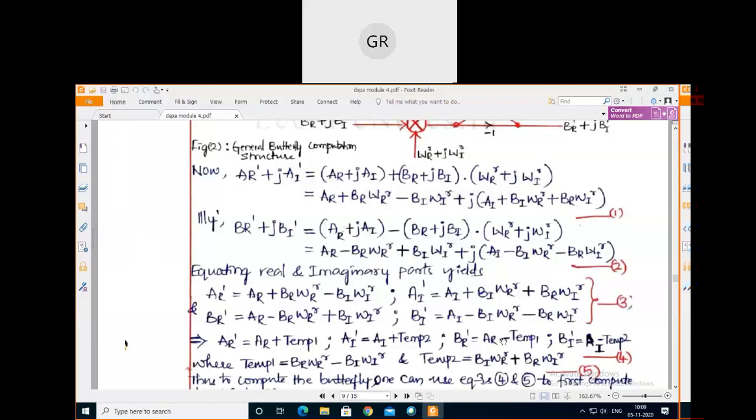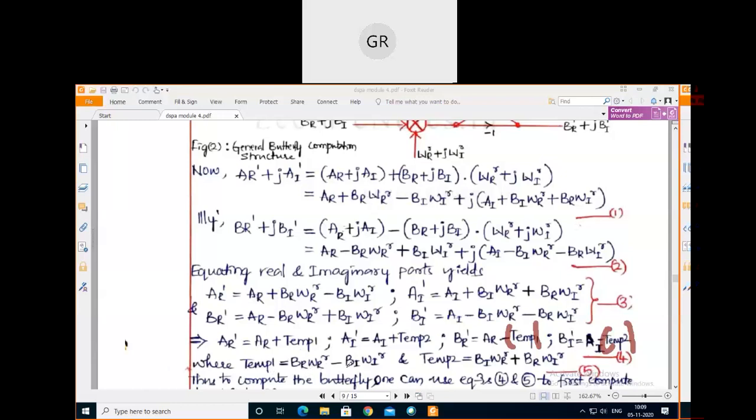For BR', when we multiply this term by the minus sign, what will happen? Minus minus becomes plus, that's why BR' is equal to AR minus TEMP1, within the bracket. Here also within the bracket. What is TEMP1 here?